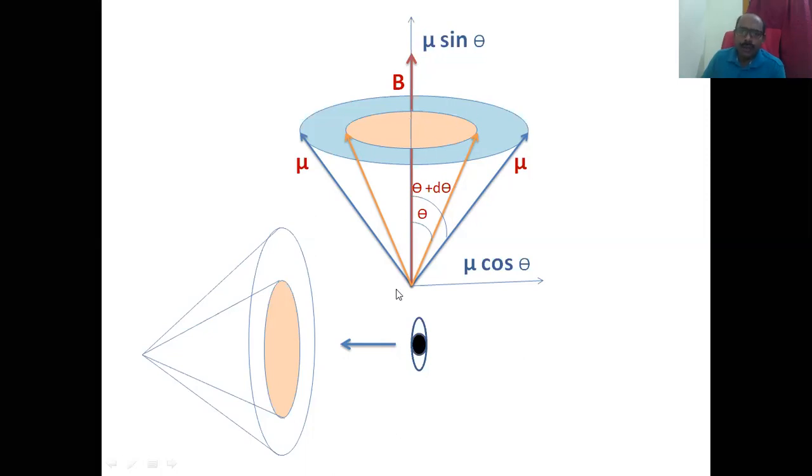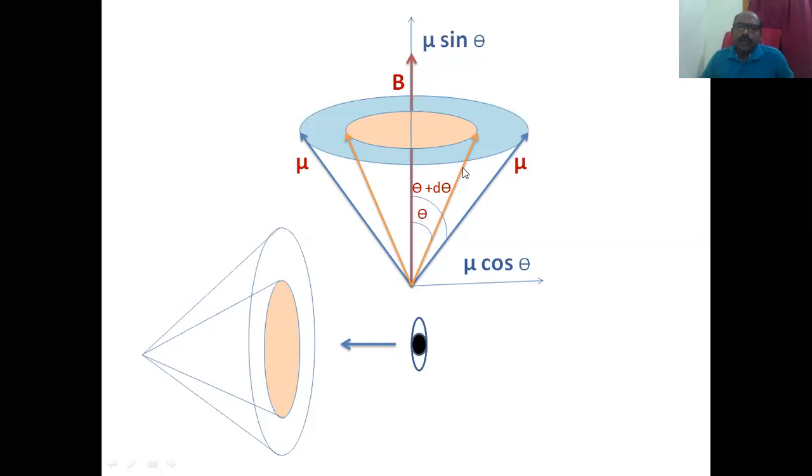If we take one particular direction, then with respect to the field, theta is the semi-vertical solid angle, and the moments point in all directions, around the full 360 degrees about this vertical line, but this is the angle they make.